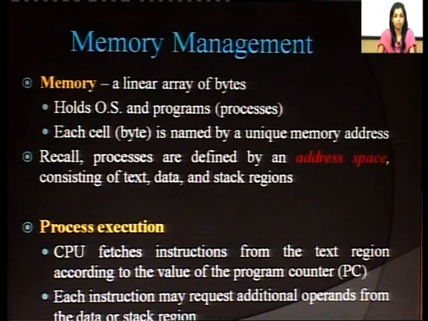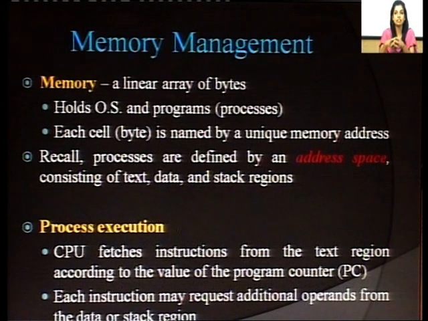Now what is memory? Then we will go further into the management. Memory is a linear array of bytes that holds the operating system and programs. That means the program and operating system are stored in memory, and memory is a collection of bytes.